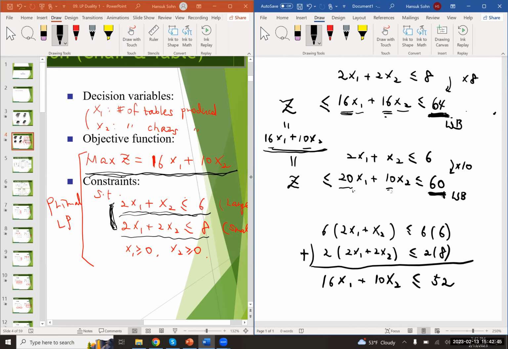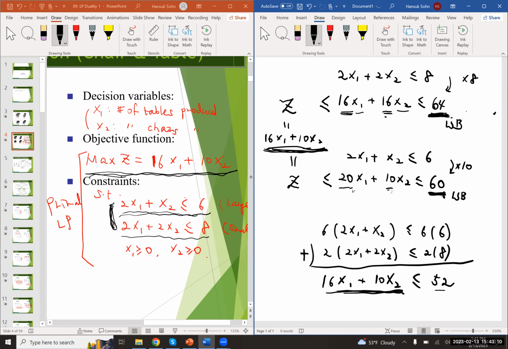So we finally have been able to get the optimal objective function value, actually, in this case, right? Which is 52. And we notice that this left-hand side is identical to our current objective function, right?